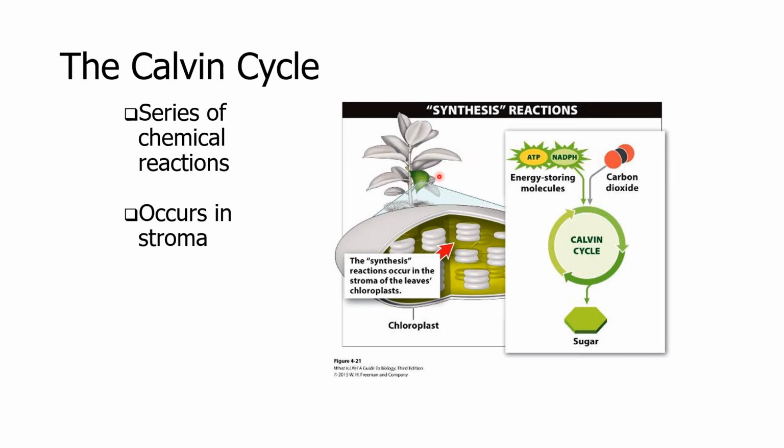That's why the light reaction must take place before the Calvin cycle, because the Calvin cycle needs ATP that comes out from the light reaction, and it needs all of these electrons that are going to be collected within the NADPH. The Calvin cycle takes all of these three things and it starts making the sugar.